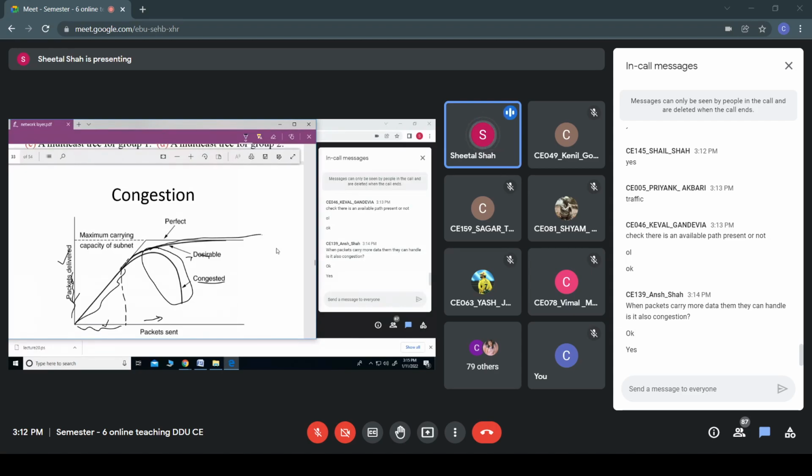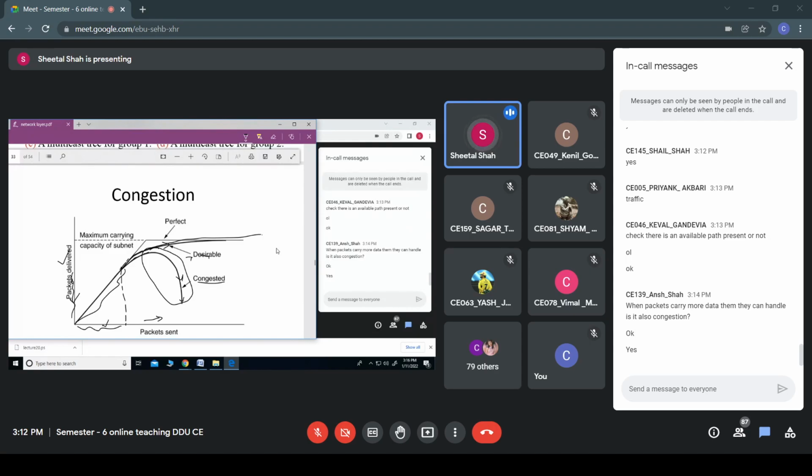This is the maximum carrying capacity and all of them should be delivered. But what we find is that as the number of packets increases, it does not move that way. The curve is something like this, the desirable curve, but here you can see that it is degraded, and most of the packets would be lost. You can see that the curve of packets delivered goes down.